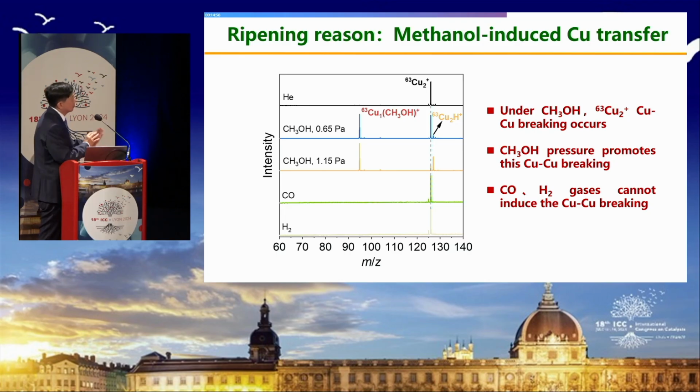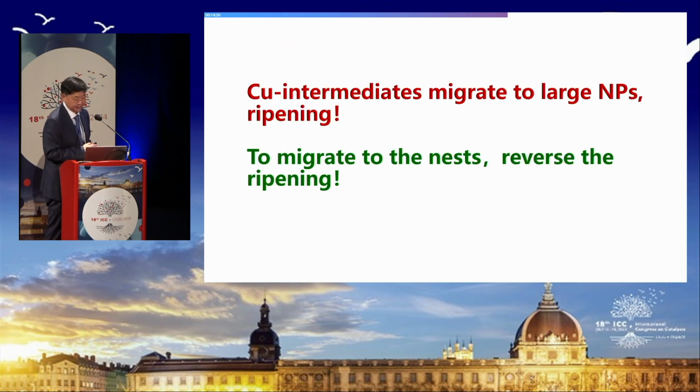CO and hydrogen don't work to form this kind of copper intermediate. This copper intermediate migrates to a large one to give the ripening. But moving to the next place gives the reverse ripening.